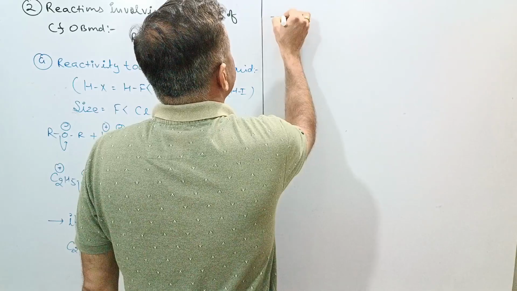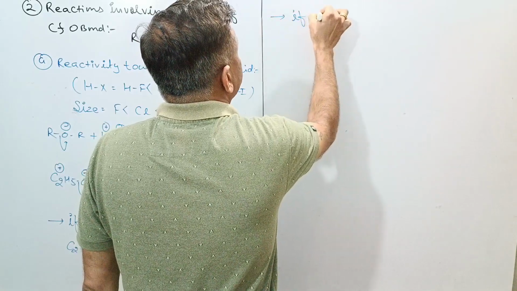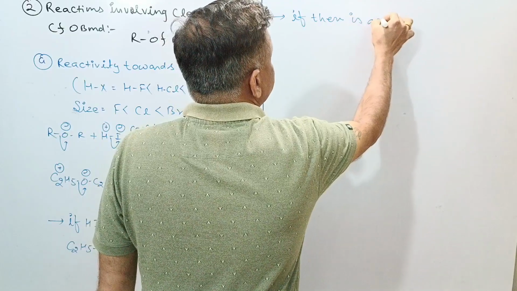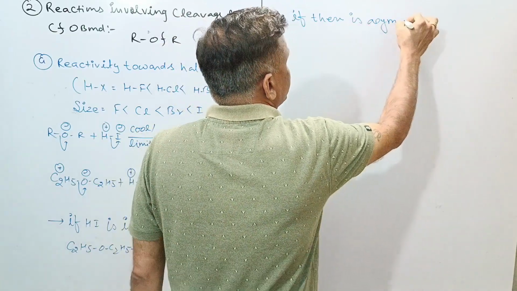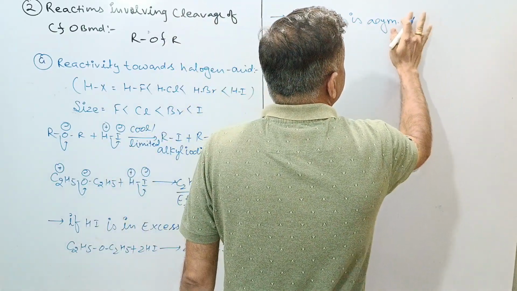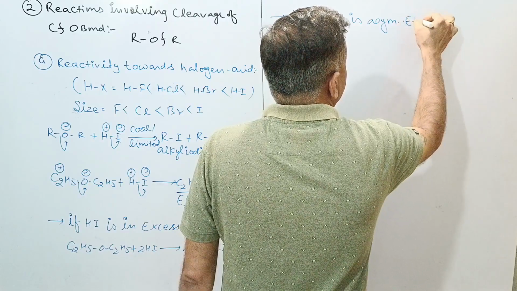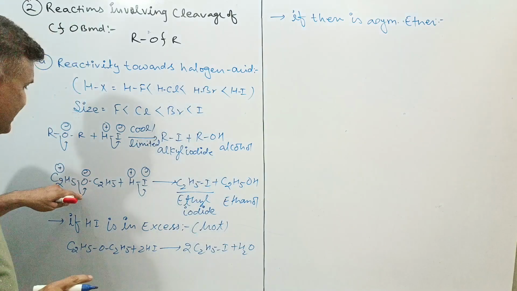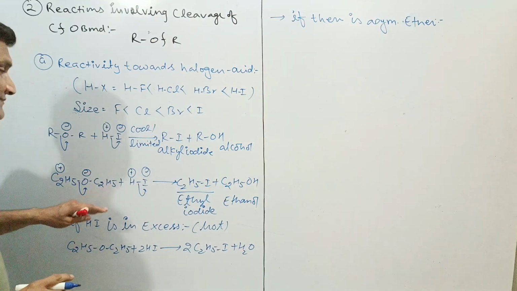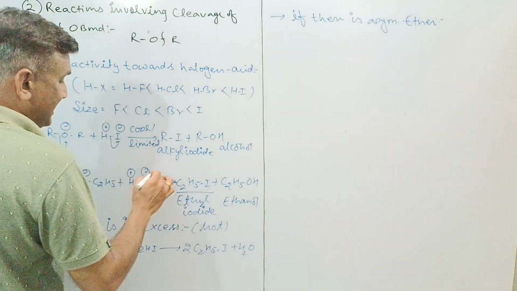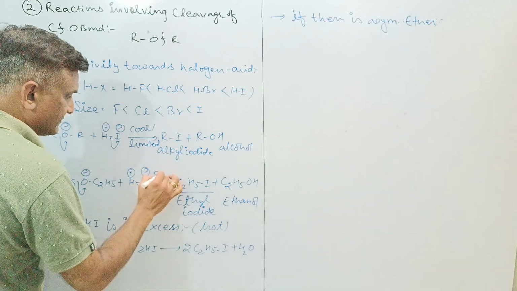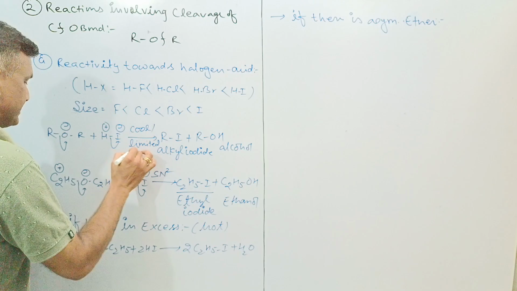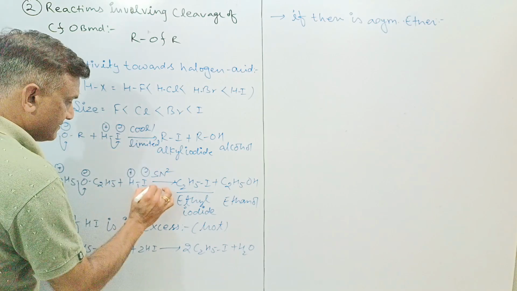If there is an asymmetrical or unsymmetrical ether, both are the same. If there is a primary alkyl group, then the reaction will proceed according to the SN2 mechanism.